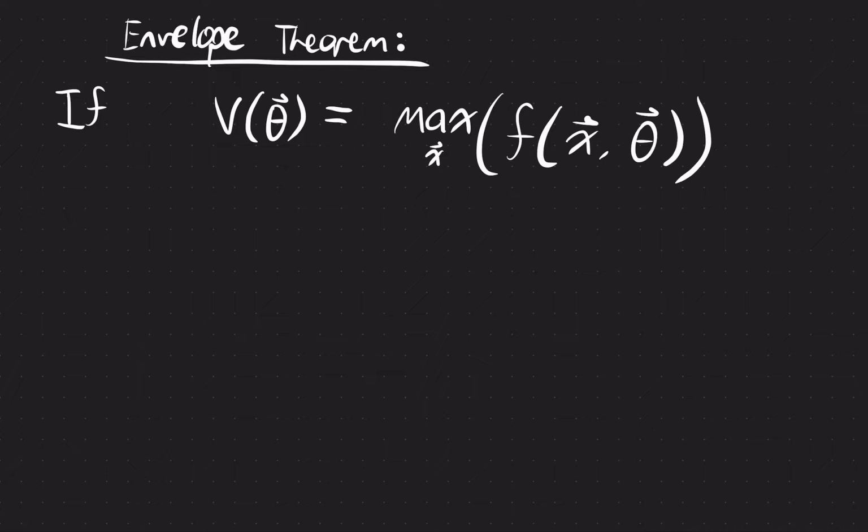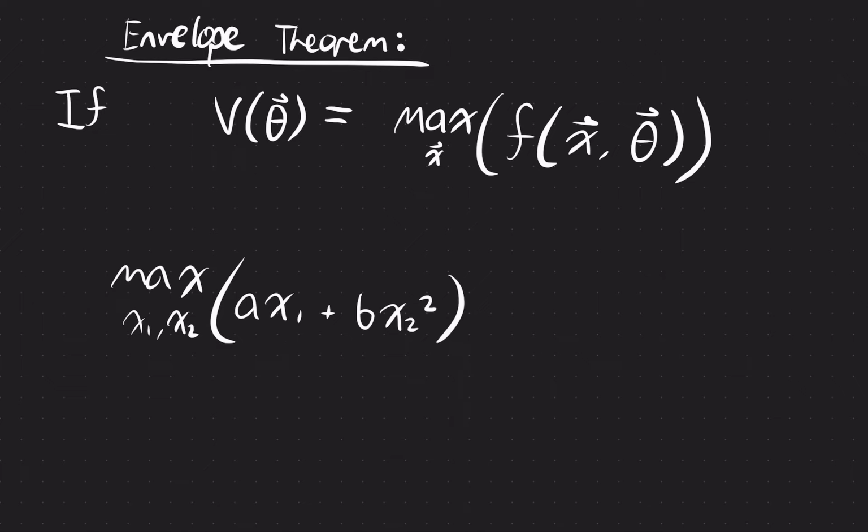So what this is saying is here we're maximizing this function with no constraints. We get to choose the x's, we don't get to choose lambda. Here lambda might be prices, it might be w's, it could be anything that is a parameter that we don't get to control. For example, what if I'm doing x1, x2 of ax1 plus bx2 squared? Or I guess minus bx2 squared, something like this.